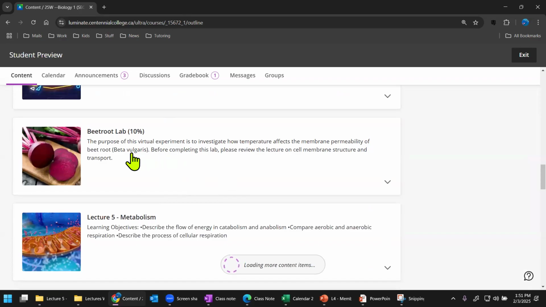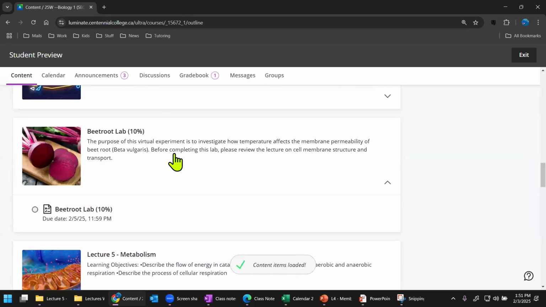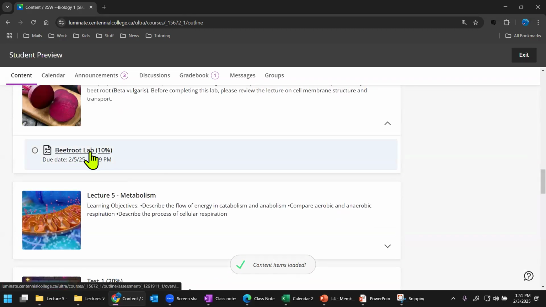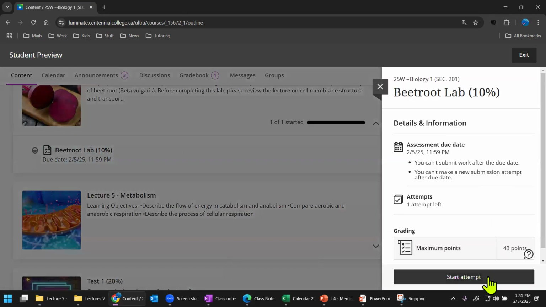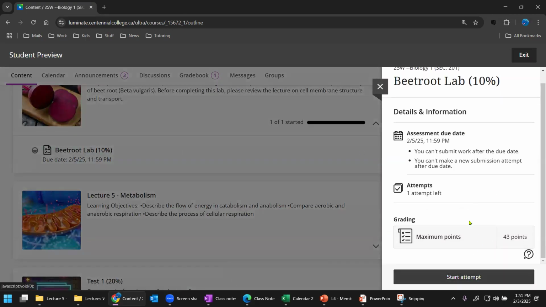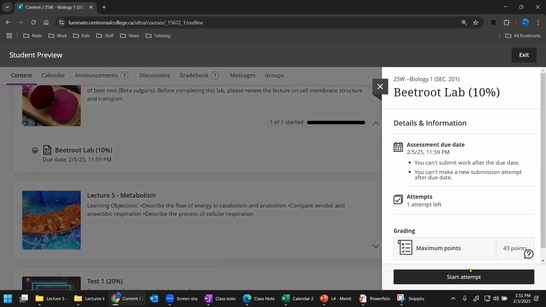Okay, so this is what you need to do. You need to go into the Beetroot Lab folder and then you click on the Beetroot Lab, okay? You have to start your attempt. I didn't put a time limit on it, so you should be okay. Now, I don't know about the new system. Previously, in another system, whenever you start a quiz in one subject, it doesn't allow you to start a quiz in another subject.